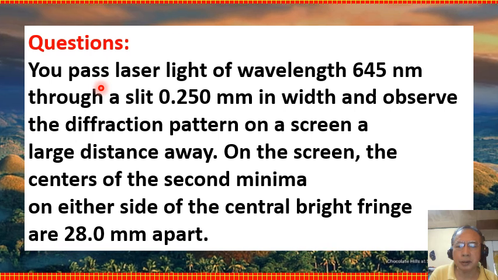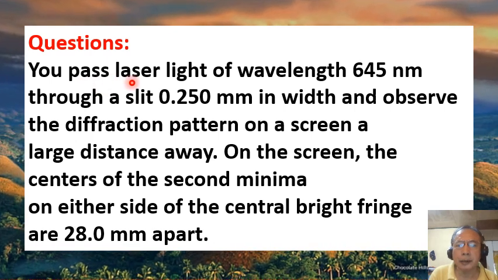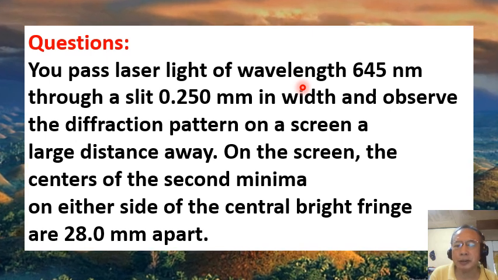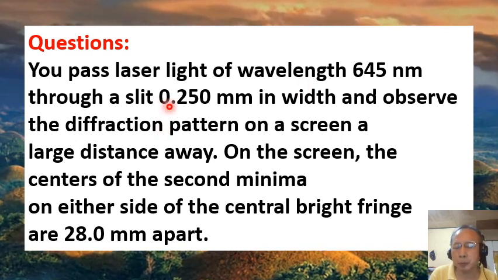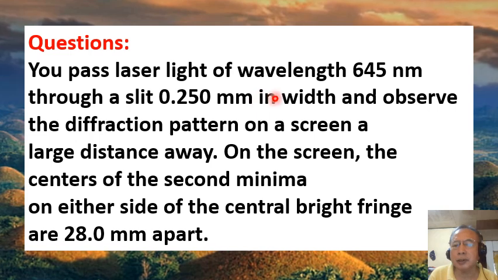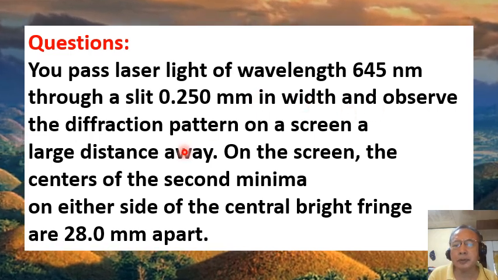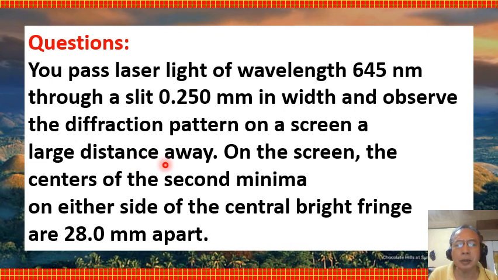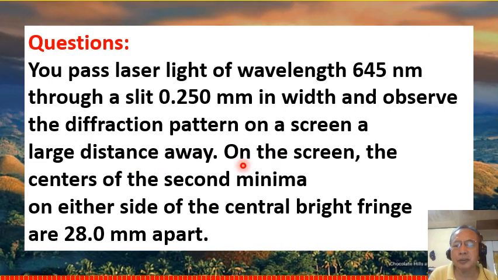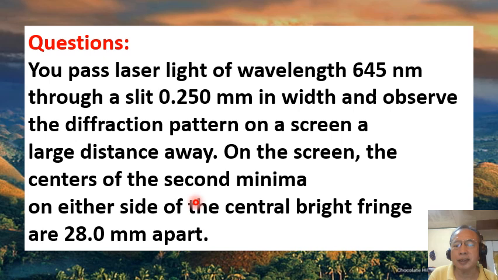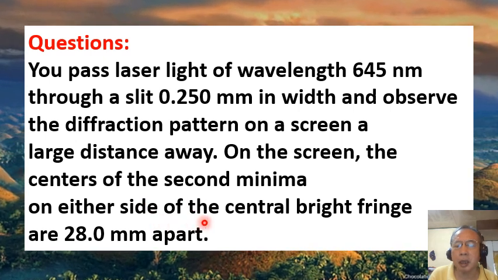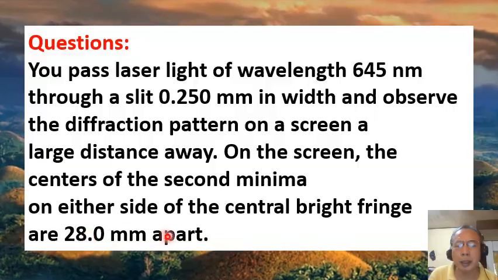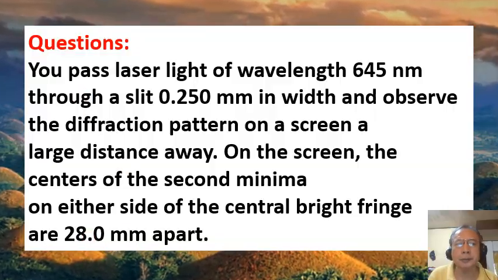The question is, you pass laser light of wavelength 645 nanometers through a slit 0.250 millimeters in width and observe the diffraction pattern on a screen a large distance away. On the screen, the centers of the second minima on either side of the central bright fringe are 28.0 millimeters apart.